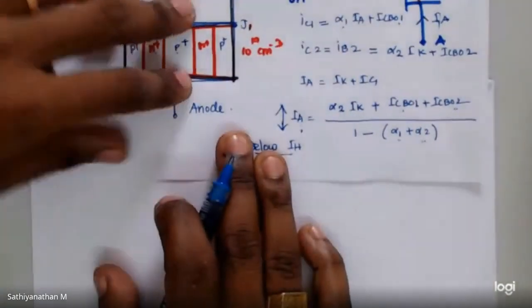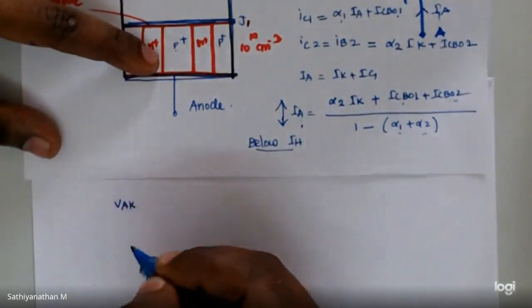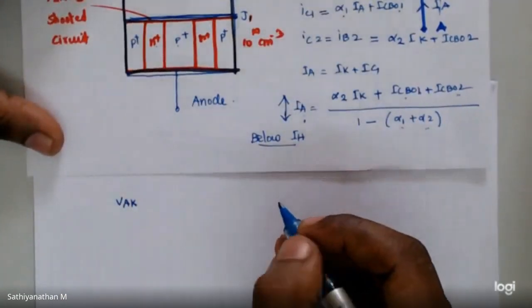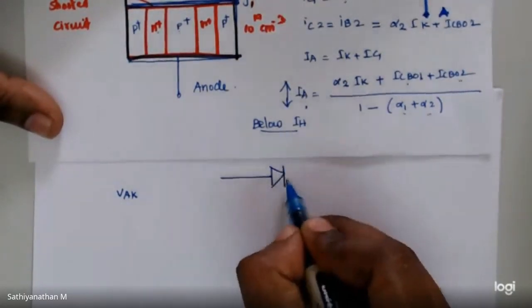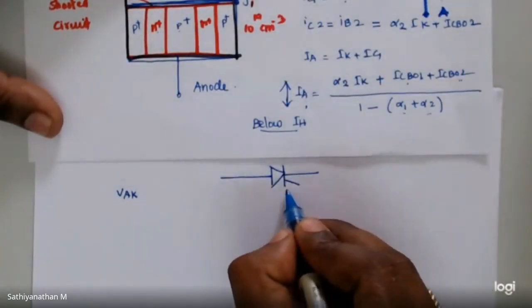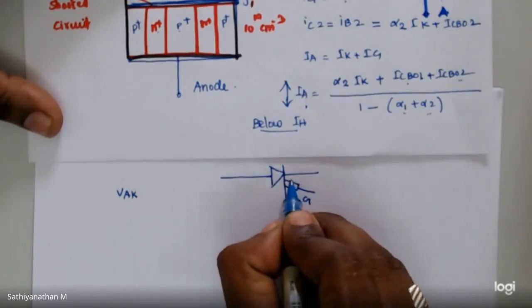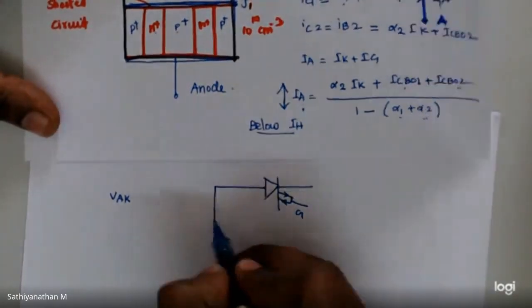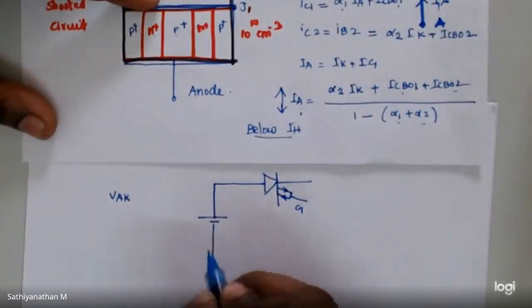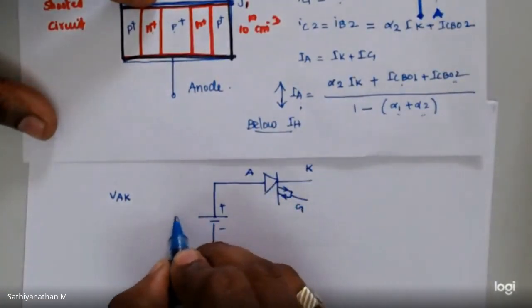If you apply a VAK, anode cathode voltage, across the device. So this is your device, and this is your gate, GTO, and you are applying anode cathode voltage. This is your VAK.